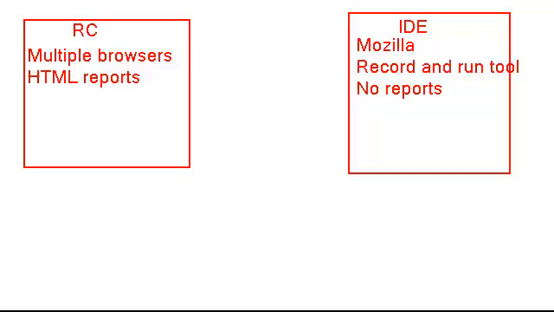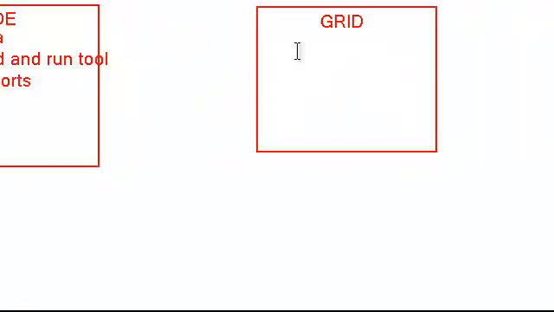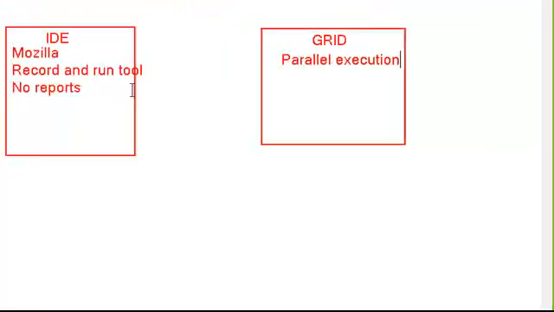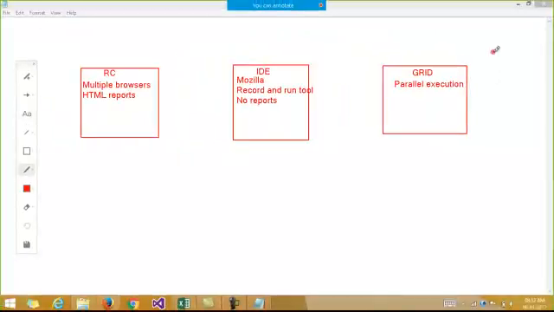Now, what is a grid? The grid helps in the parallel execution of your test cases. With grid, there is a central hub, and to that central hub you connect multiple nodes.